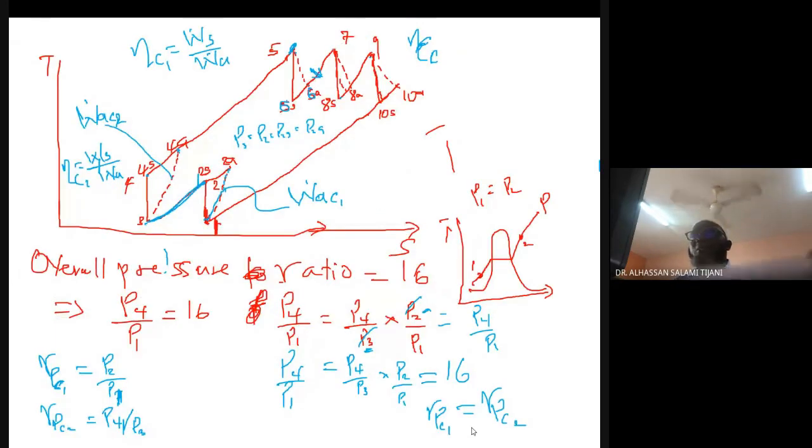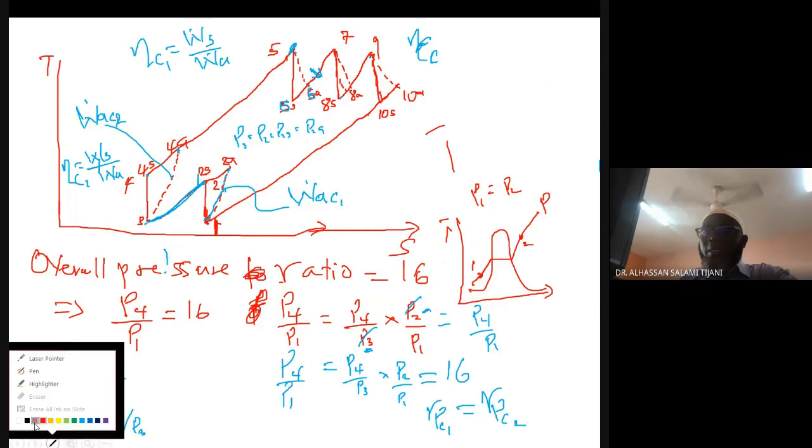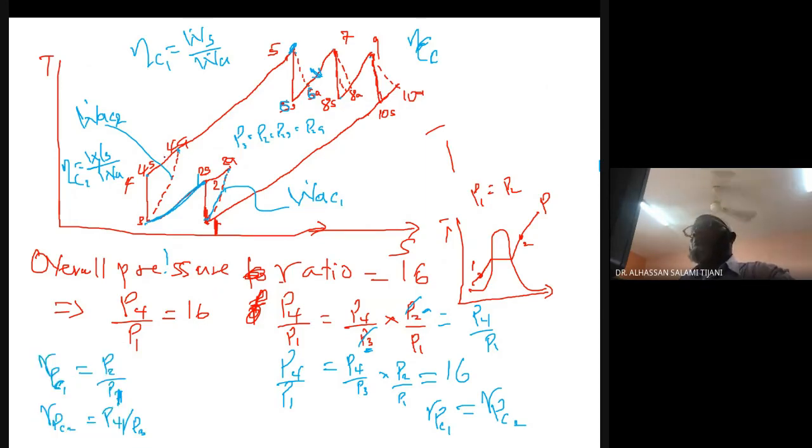Now, let us recapitulate what we did. This is the overview of the cycle. This is the ideal Brayton cycle, right? So we have two compressors and two turbines in this situation.